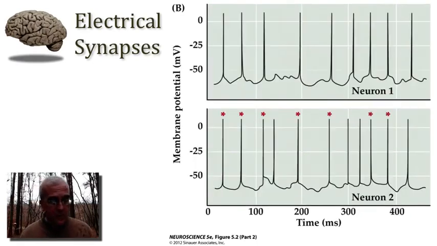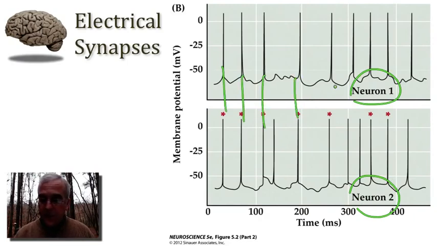One is when it's important to synchronize a local population of cells. So look here, we have two neurons that are connected via gap junctions, and when one fires an action potential, not perfectly in sync, but very nearly in sync, there are other cells that fire action potentials.